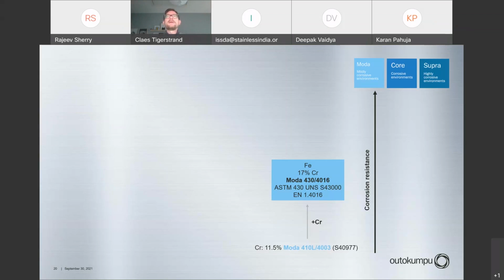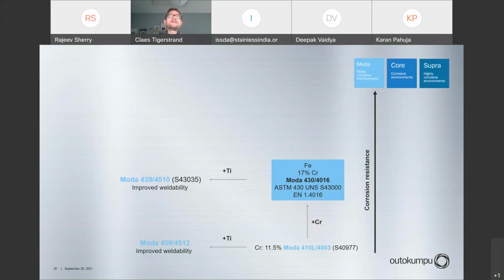According to the ASTM, the type is 430, UNS number S43000, and according to the European standard it is 1.4016. So what you see in our way of naming the products, Moda, you have the type number first, 430, and then you have 4016, which is actually, if you remove one point, the European number for that grade.